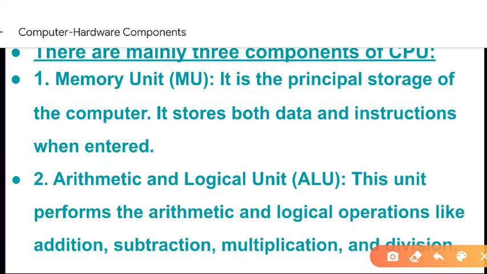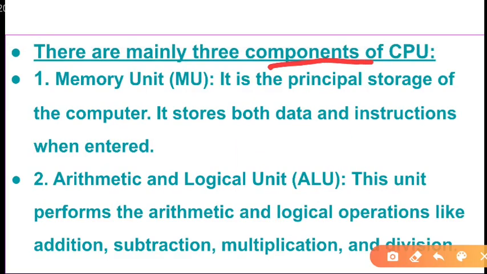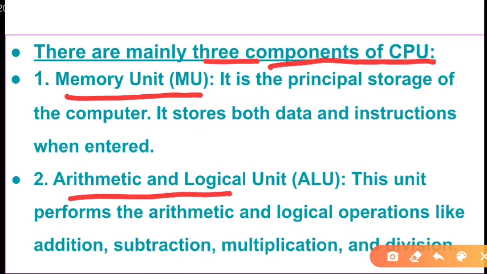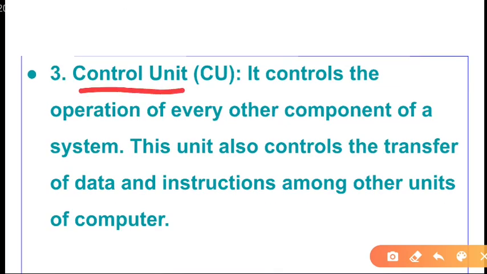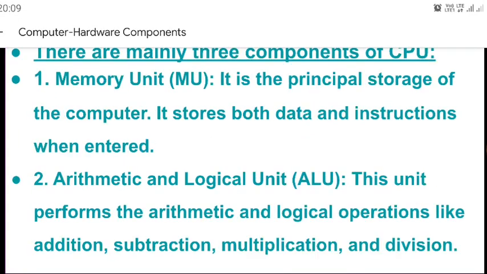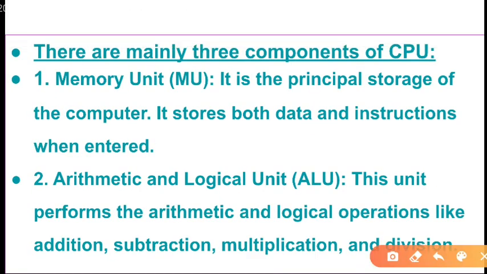Now students, there are 3 components of the CPU: the memory unit, the ALU or arithmetic and logical unit, and the CU or control unit. Let's talk about them. You have already studied these 3 units in your previous classes. What is the memory unit?